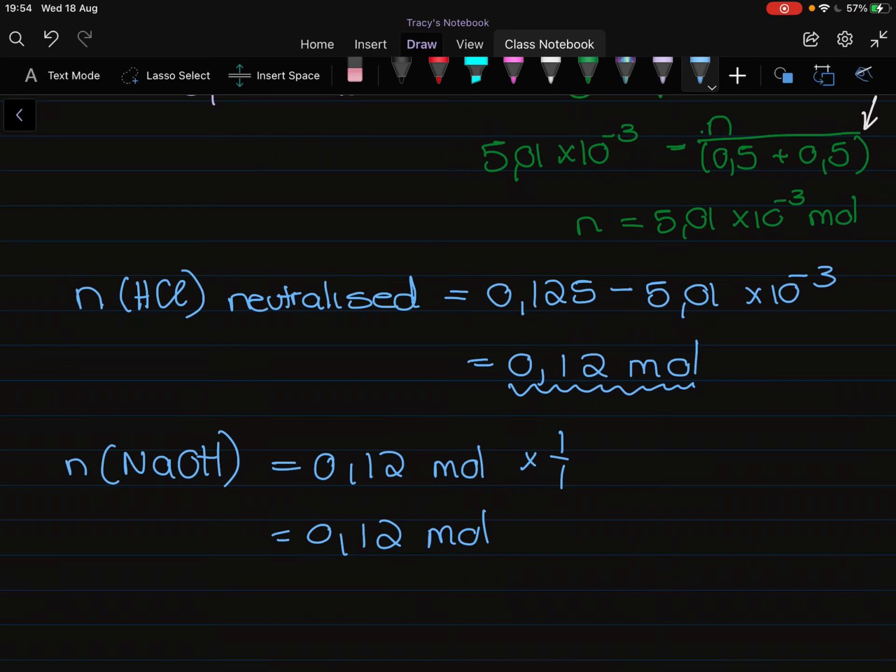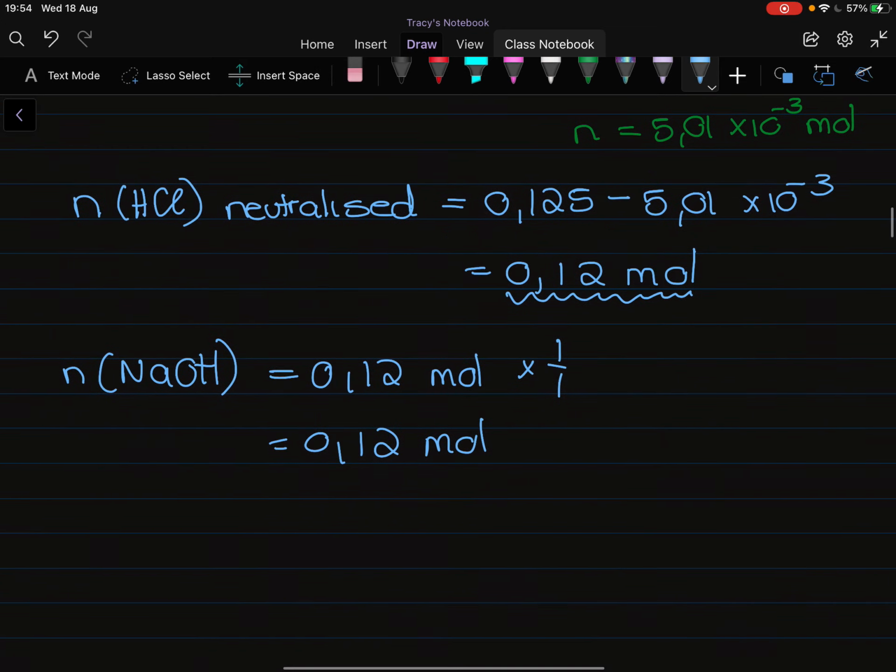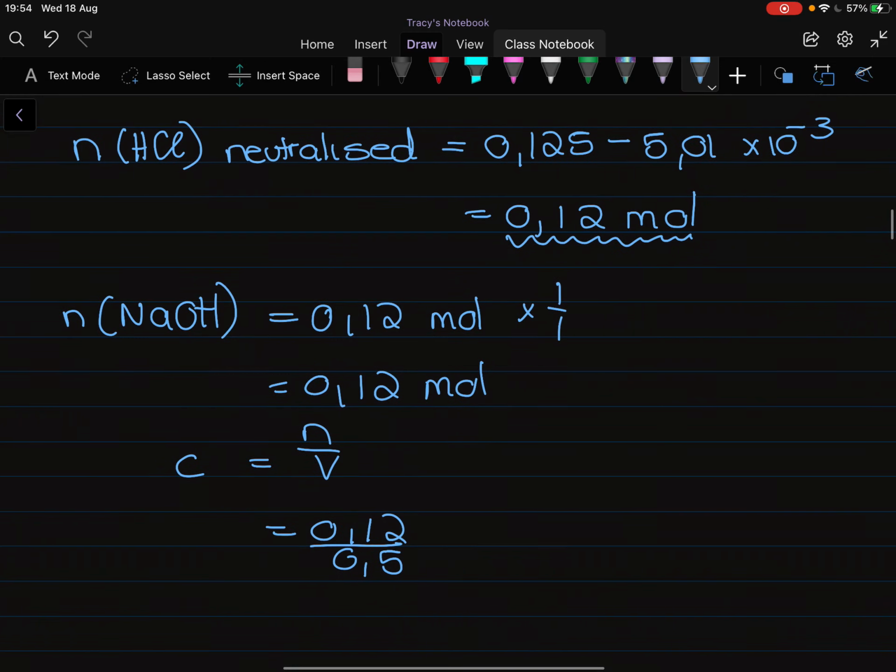So I have 0,12 moles of NaOH. And what do we know? Concentration is number of moles over volume, and we get 0,24 moles per decimeter cubed.